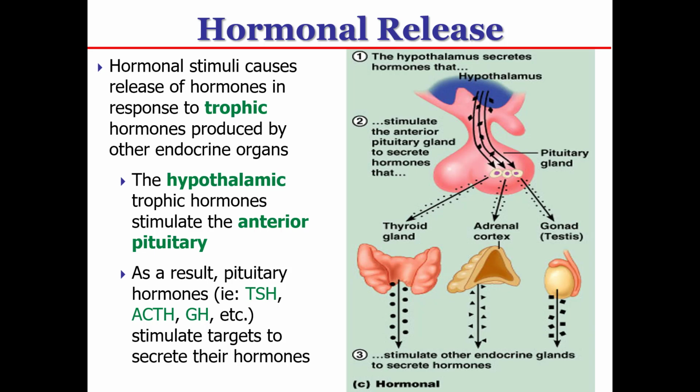Stimulation of ACTH targets the adrenal cortex for the steroidal hormones that we just discussed. Growth hormone, gonadal trophic hormones that will secrete LH and FSH from the gonads. This is a multi-step pathway, and I would expect some or all three of these on exam questions coming up at the end of this unit.